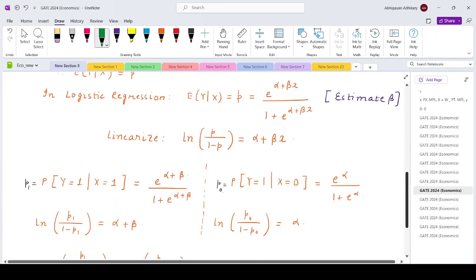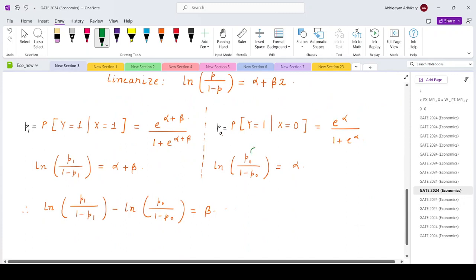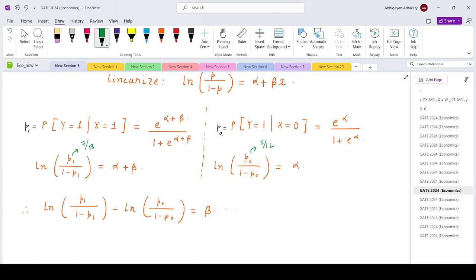So p0 over here is 6 by 12 and p1 over here is 7 by 18.